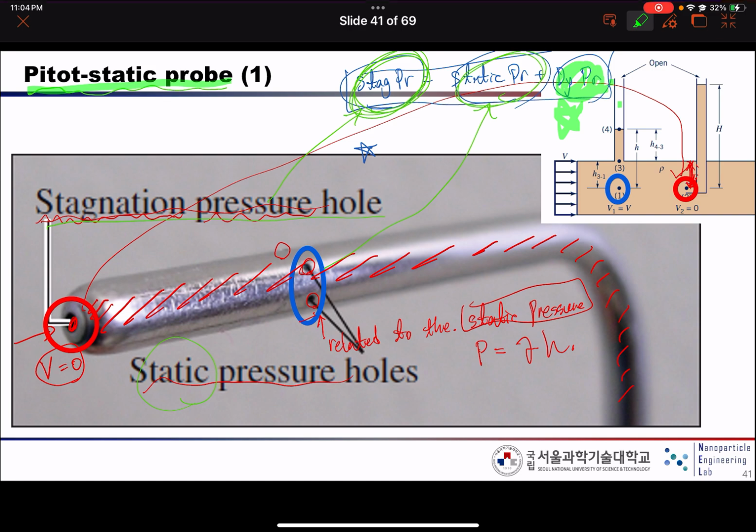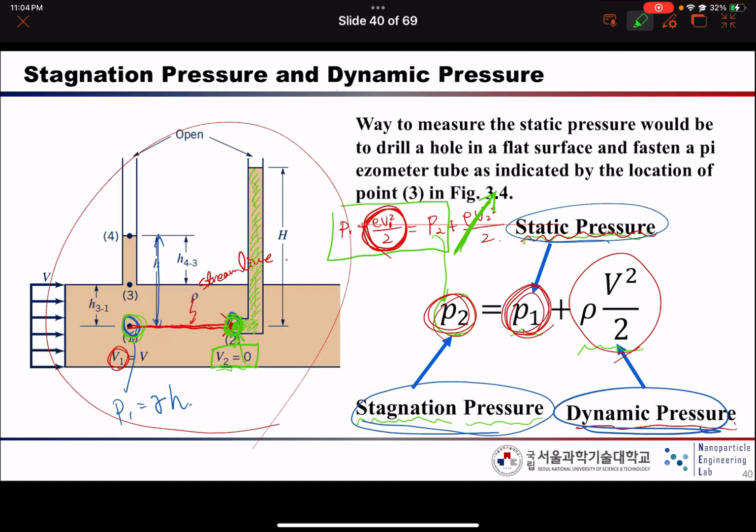So what does it mean? If you go back to this slide, the dynamic pressure represents the velocity, okay?